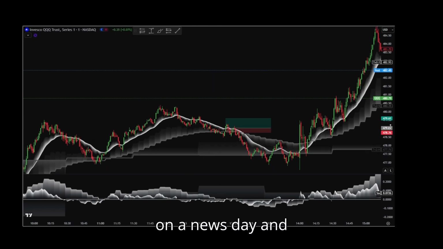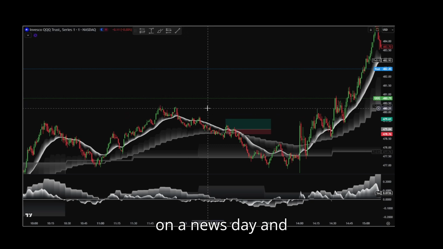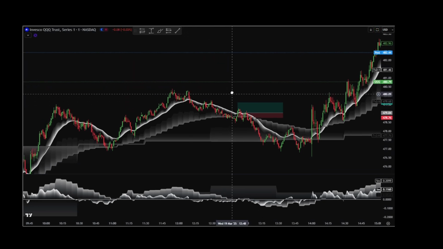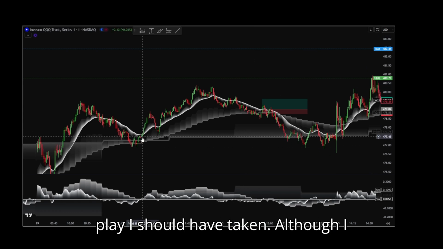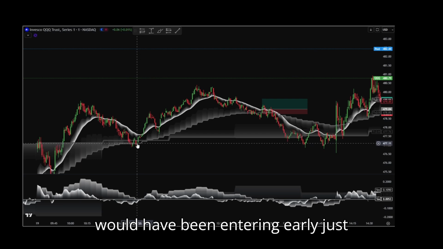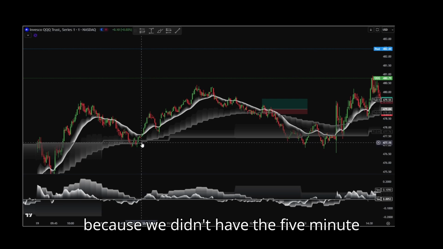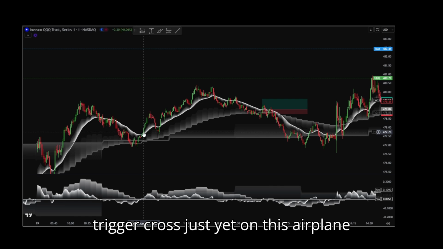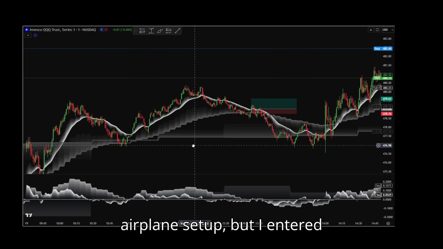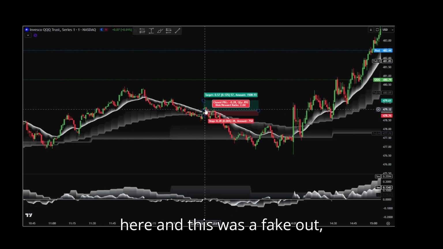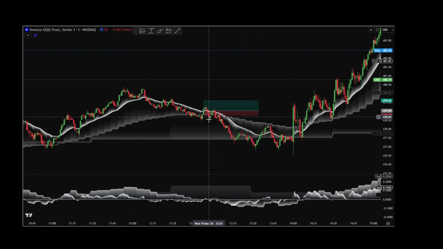I traded on a news day, and pretty close to the news event. This was probably the play I should have taken, although I would have been entering early just because we didn't have the 5 minute trigger cross just yet on this airplane setup, so I guess it's not technically an airplane setup. But I entered here, and this was a fake out, right?